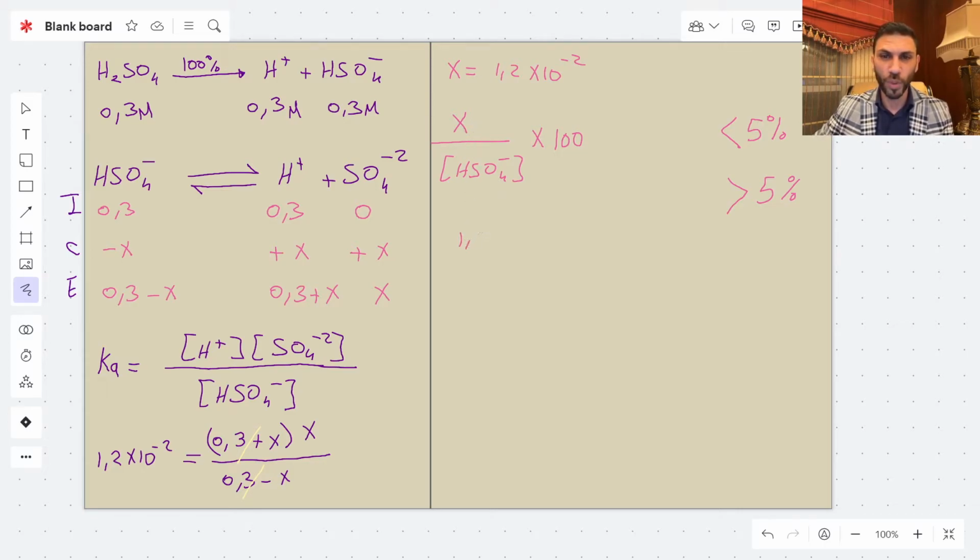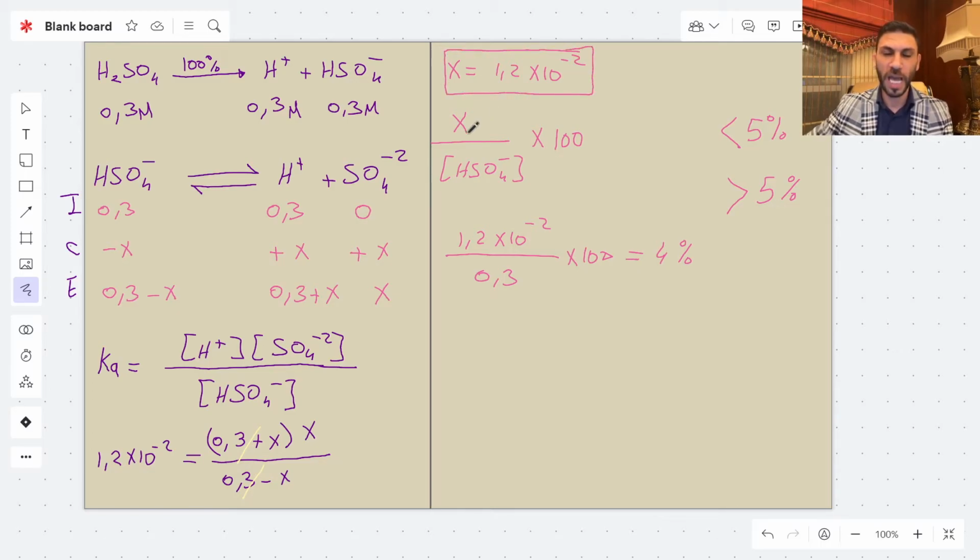So let's check here. We have 1.2 times 10 to the power of negative 2 divided by 0.3 multiplied by 100 equals to, and in this case it equals to 4%, so we can neglect X here, and this value is acceptable.